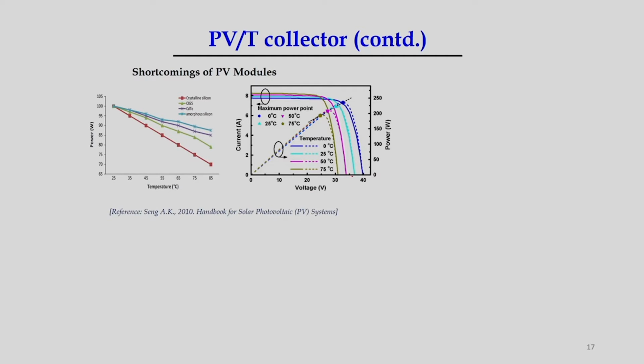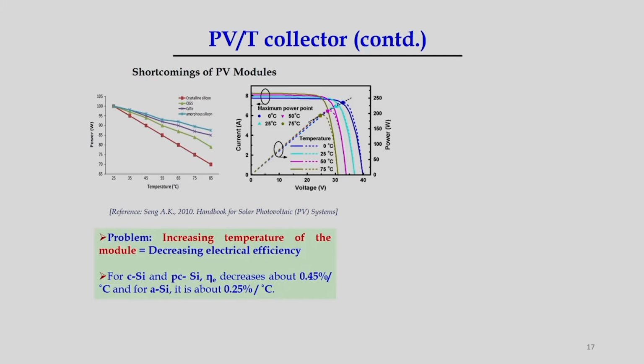Okay? If we can do something by providing cooling effect to maintain the temperature at say 25 degree C, then what are we expected? We are expected higher conversion efficiency. Okay? So, the problem is that increasing temperature of the module means decreasing electrical efficiency.